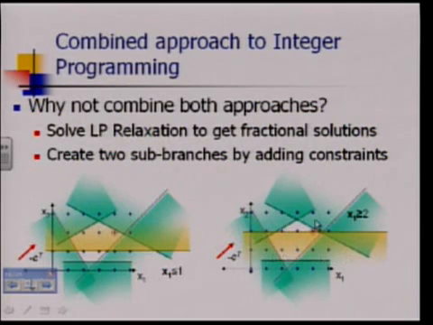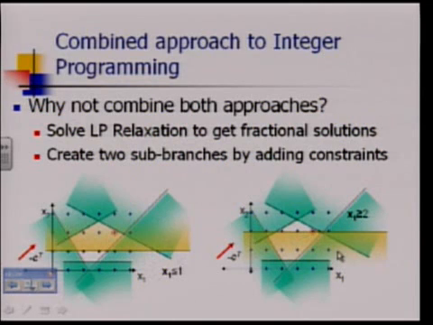Because you can only take integer solutions, what I'm trying to say is if you consider the integer constraint on this x2, then that's the solution when x2 equals 2, and this is when x2 equals 3.